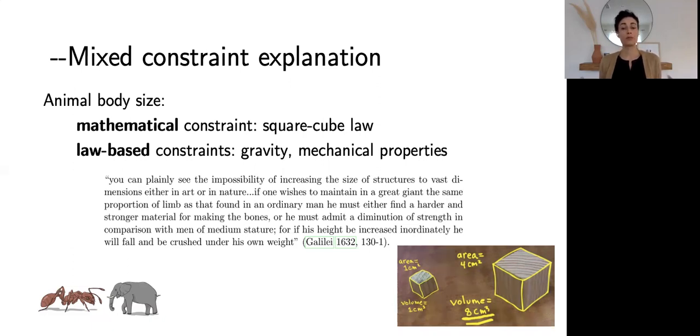This is because the bones and the musculature of these organisms would not be able to support their mass and their size. This gives us a really nice example of explanations that involve multiple constraints and different types of constraints, in this case, mathematical and law-based constraints.